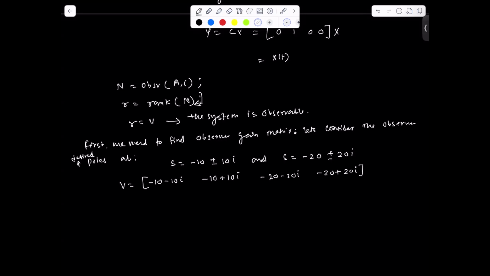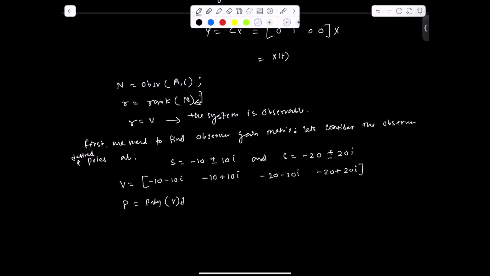And if you write the polynomial poly(V), we get the vector 1, 60, 1800, 24000 and 160000.